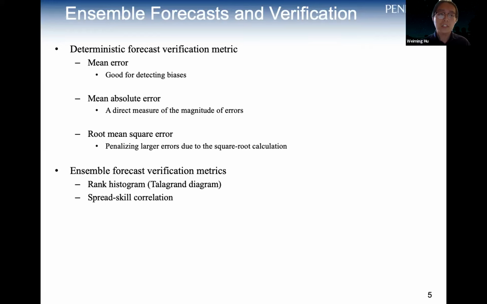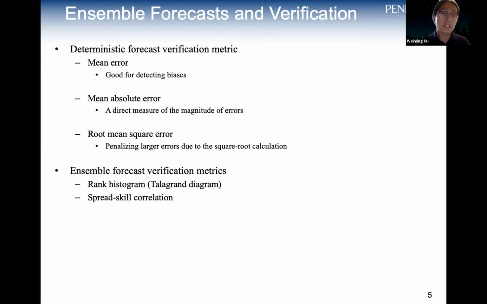Well, first off, you can fall back to the deterministic form by calculating, let's say, a summarization of the ensemble. So that basically converts your ensemble back to a deterministic value. So you can use mean error, mean absolute error, and root mean square error. Mean error is usually good for detecting biases.